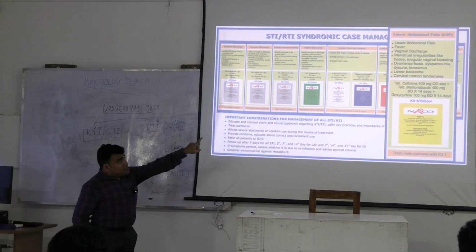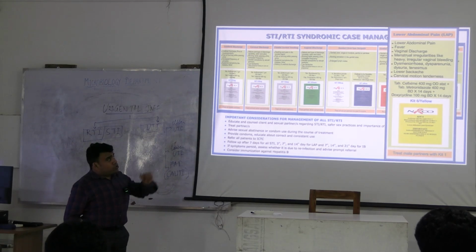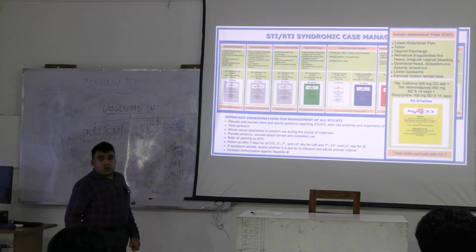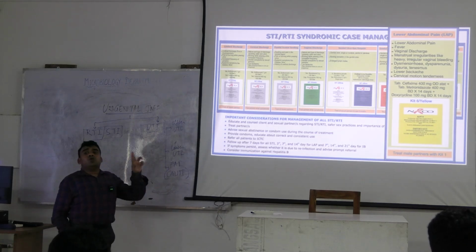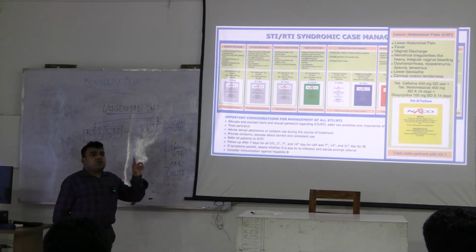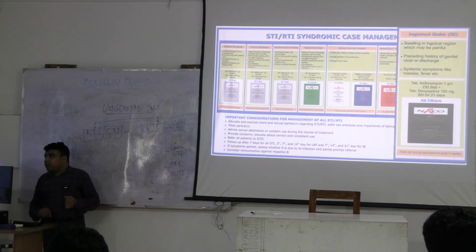Only difference is cefixime is single drug OD stat, metronidazole twice daily for 14 days, doxycycline twice daily for 14 days. So this has to be continued for 2 weeks. So you have to make the patient understand why full treatment is necessary.